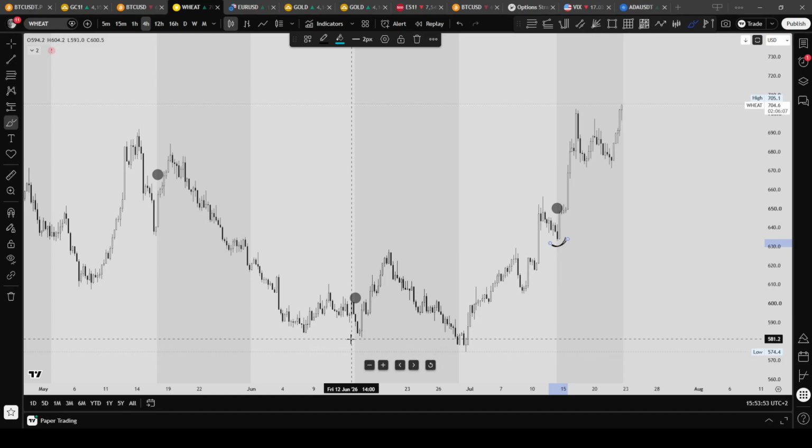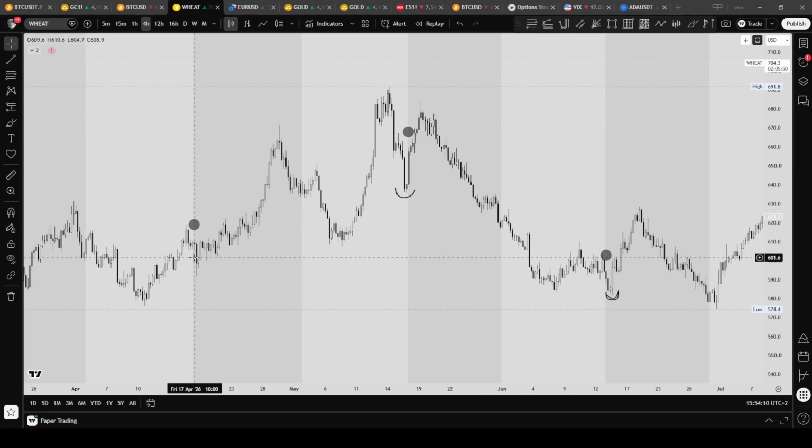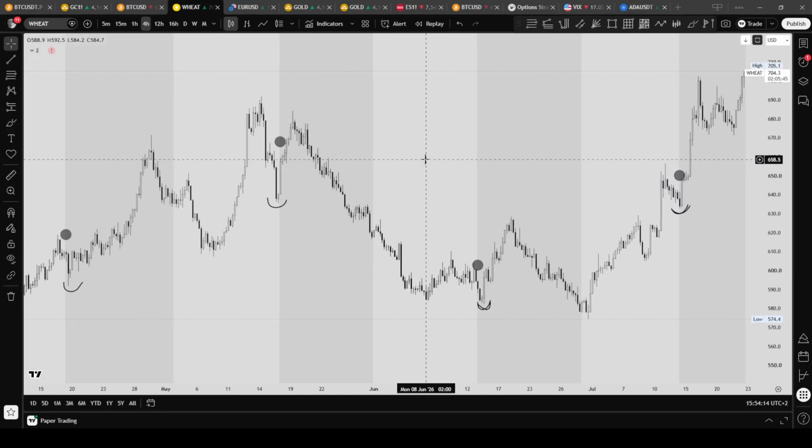What can you say here? Again, 1 day of orb, and you get this really beautiful low with 4 days of up movement. Here again, a massive crash, and on the day we got the low. So you see, also here same thing. We got the low perfectly. So this works also on wheat.